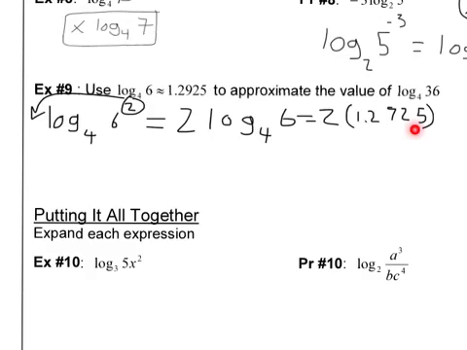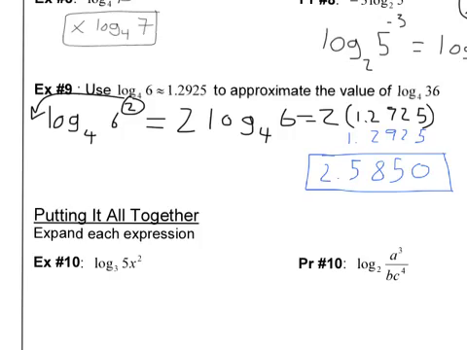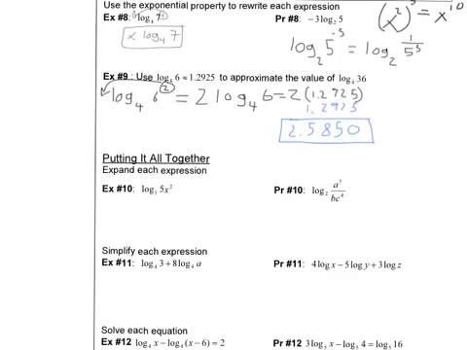I'd rather just add instead of doubling, right? If I just add another one to it, it's the same thing as doubling, so I'm just going to do that. 5 plus 5 is 10, carry the 1, that's a 0. 9 plus 9 is 18, carry the 1, that's an 8. 2.5850. All right.